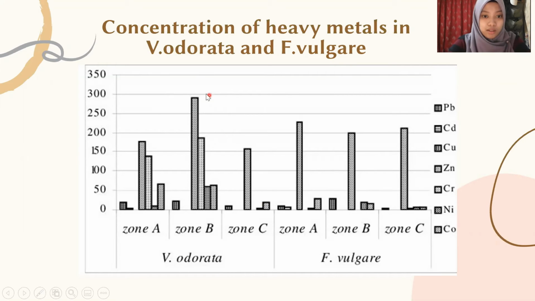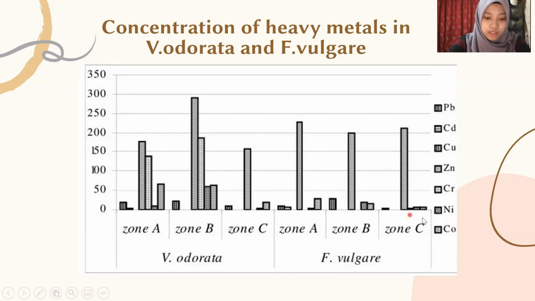However, the highest level of zinc is in B. odorata, which is purchased from zone B. And in terms of Cr, the maximum concentration of Cr here is in B. odorata from zone B, where the concentration is 186.75 microgram per gram.